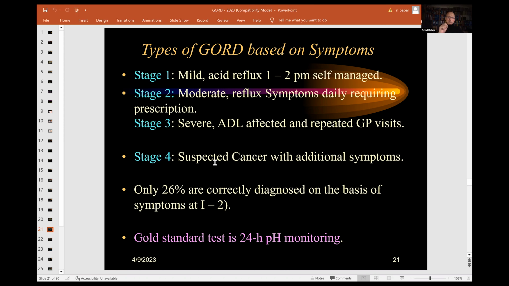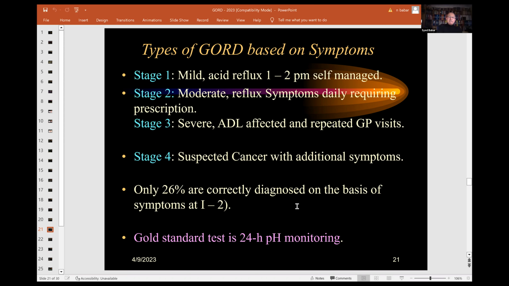With such symptoms being so common, as I have said, that universally it is 13% that people have reflux esophagitis, it still is the case that only about 26% of patients who are symptomatically diagnosed as suffering from reflux esophagitis can be picked up at stage 1 and stage 2.